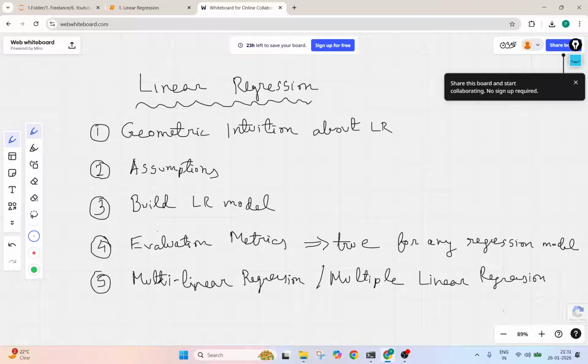We'll also understand how multilinear regression is better compared to a simple linear regression, right? Then we'll also learn about polynomial regression. So this should be the agenda of this particular series on linear regression.